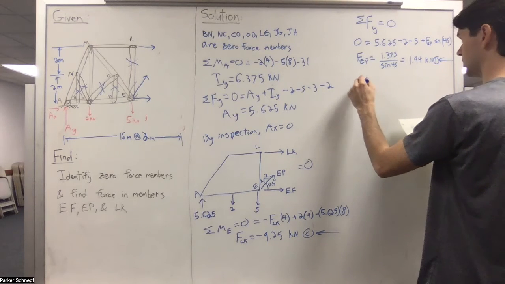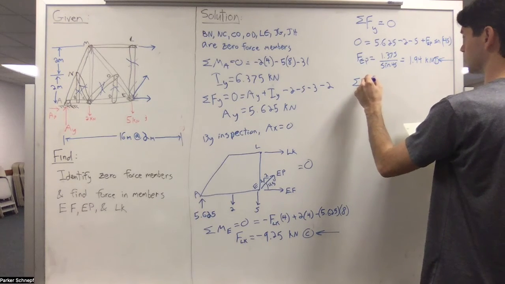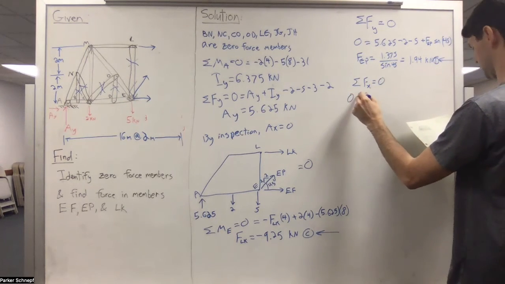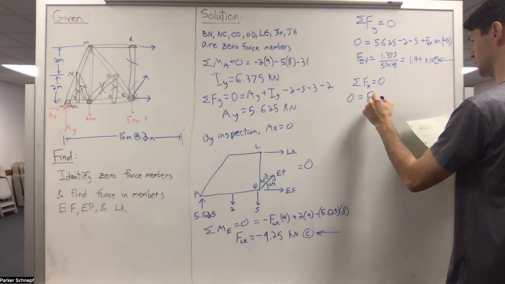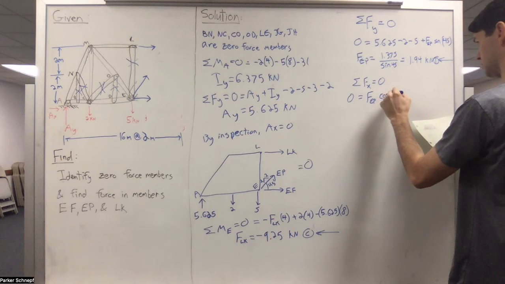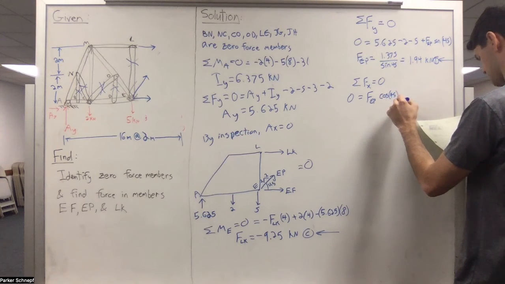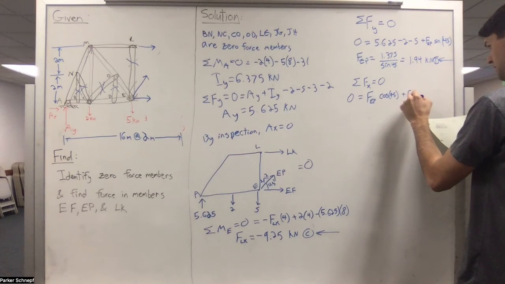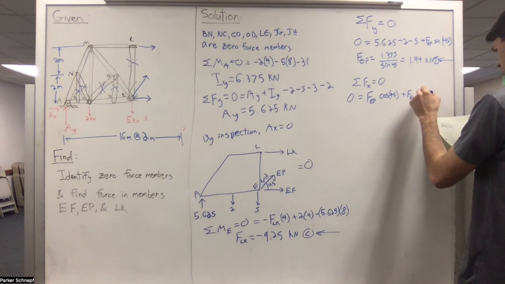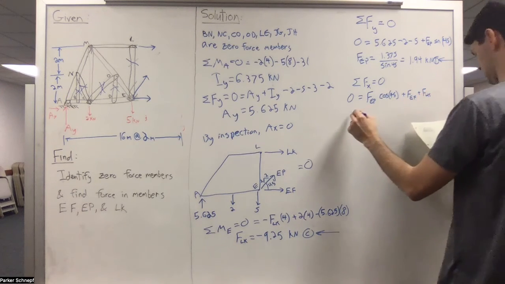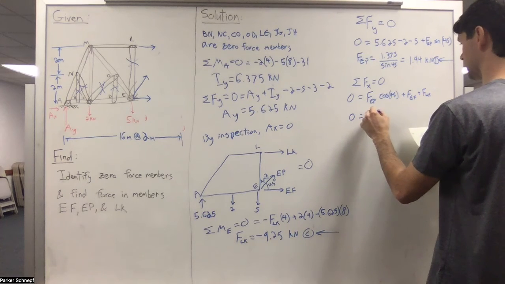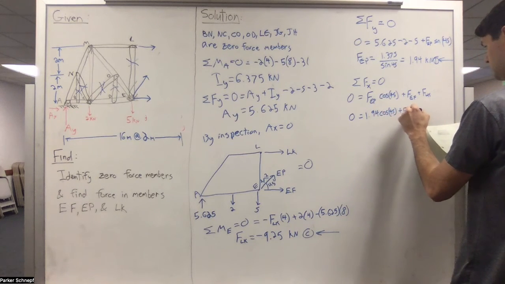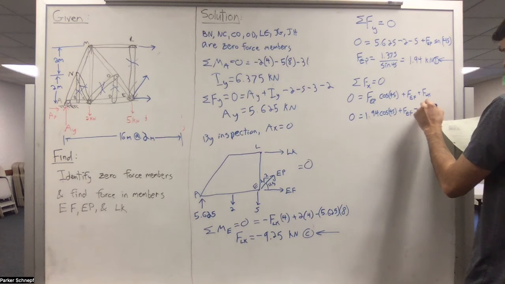And finally, solve for FEF and use the sum of my forces in X. And I get FEP cosine 45 plus FEF plus FLK, which ends up being 1.94 cosine 45 plus FEF minus 9.25.